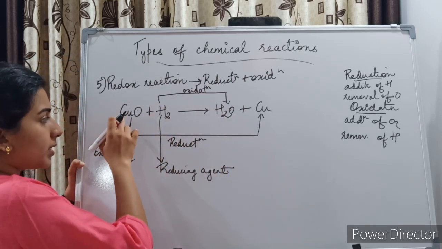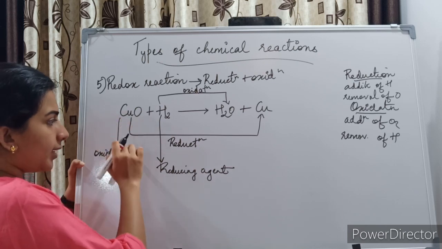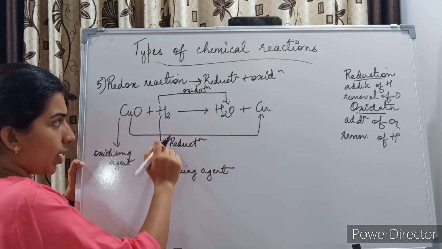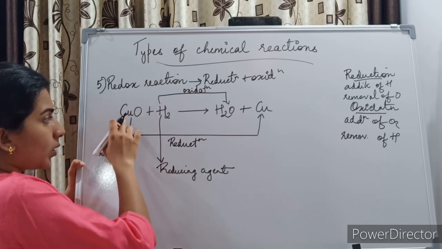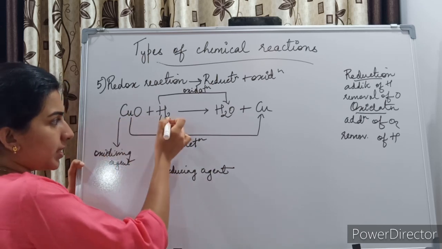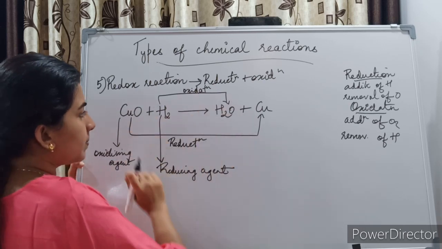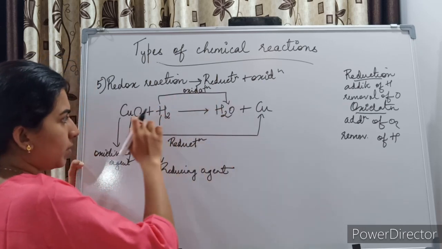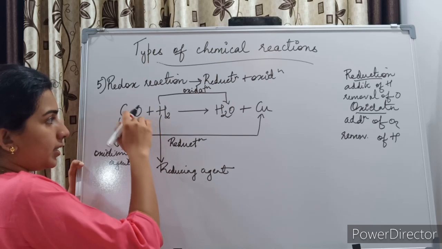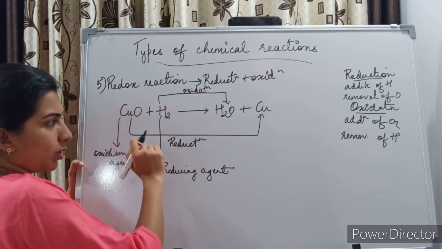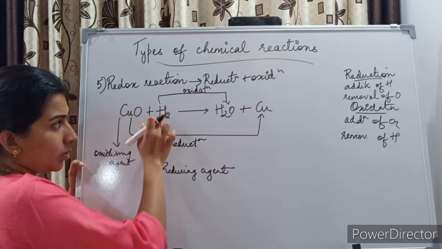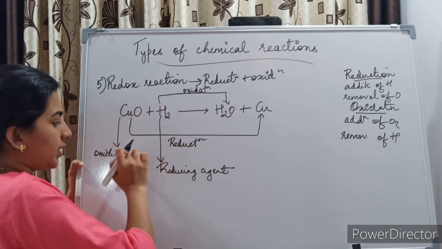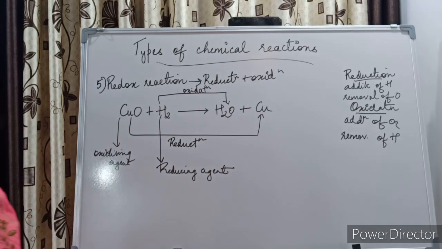H2 helps copper oxide to get reduced, so hydrogen is the reducing agent. Then copper oxide helps hydrogen to get oxidized, because copper oxide is giving out oxygen and it has become water. So copper oxide is the oxidizing agent.